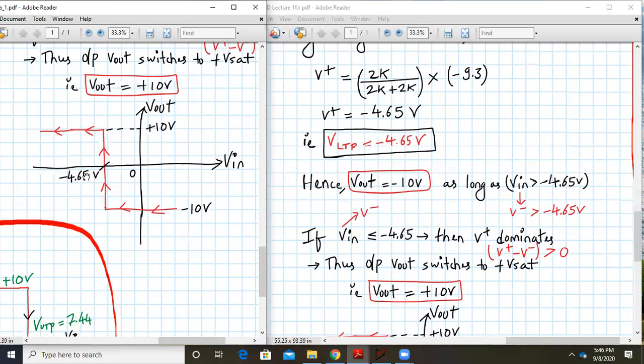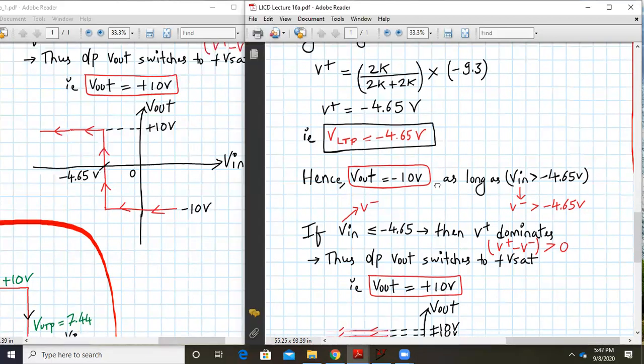If V in becomes less than or equal to minus 4.65, then your output will be at plus 10. So the output will switch the moment V in becomes equal to or approaches close to minus 4.65. The output immediately changes its state from minus 10 volts to plus 10 volts.